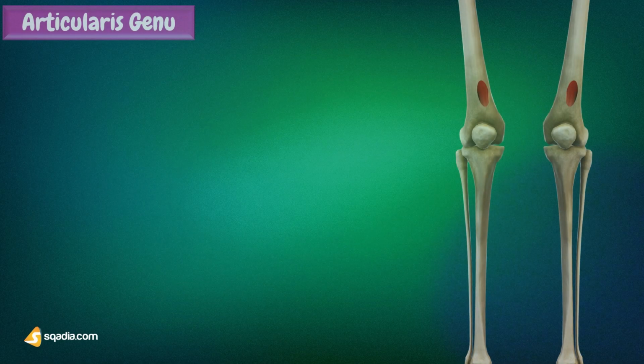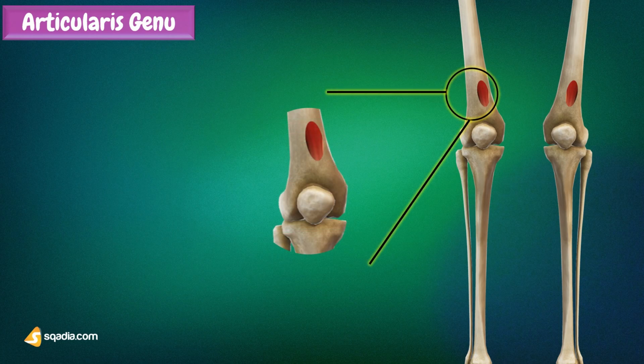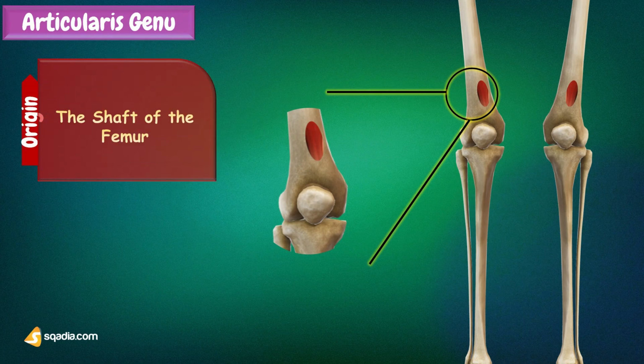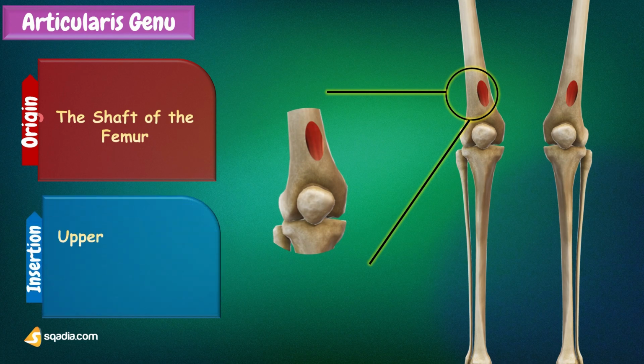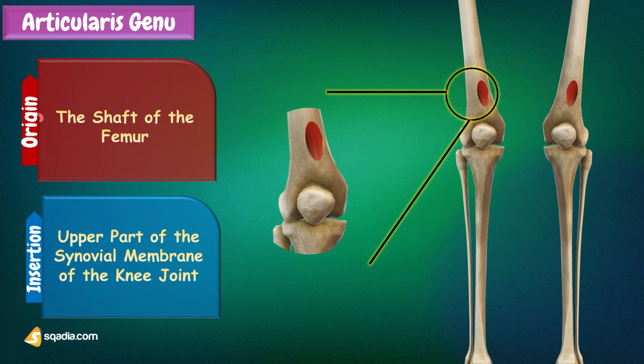Other than the 5 muscles that we have discussed so far, a muscle called the articularis genu is also found in the anterior compartment of the thigh. The muscle is small and consists of a few muscular slips that arise from the anterior surface of the shaft of the femur, a few centimeters above the patellar articular margin.